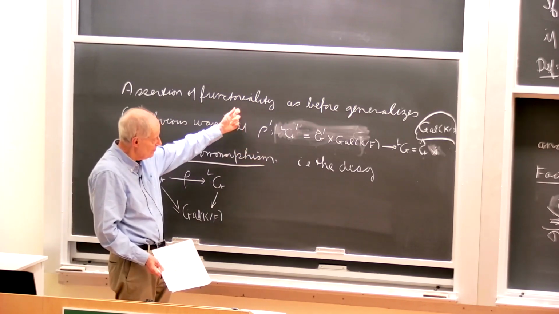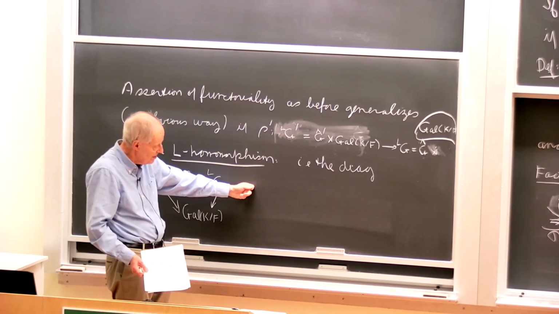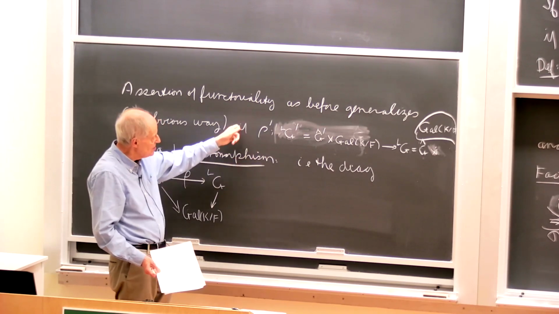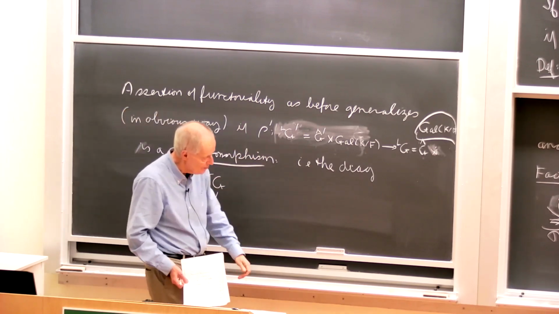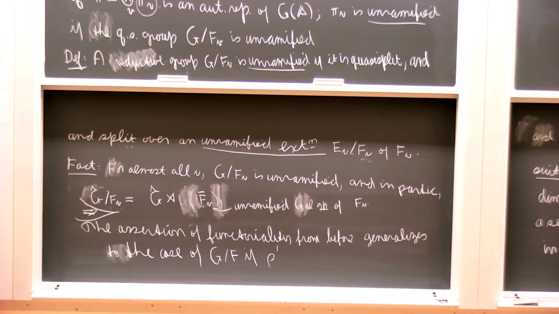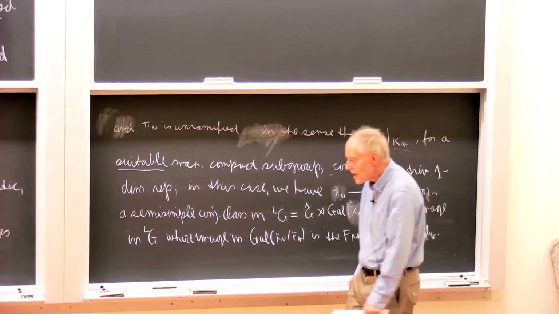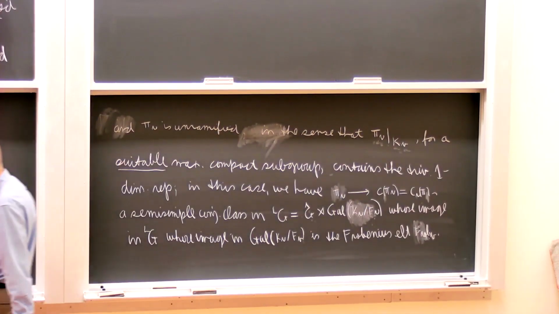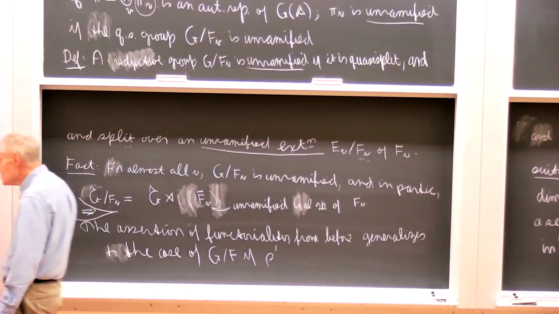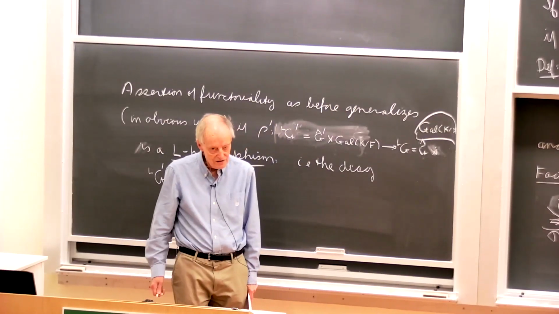If you have an automorphic representation pi prime of the first group, there is going to be an automorphic representation pi of the second group, such that the family of conjugacy classes defined almost everywhere for the first group maps to the conjugacy classes defined for almost all p in the second group. Just the same assertion.